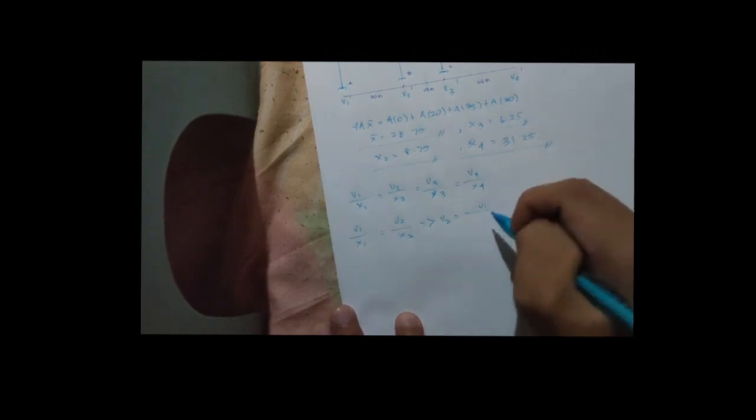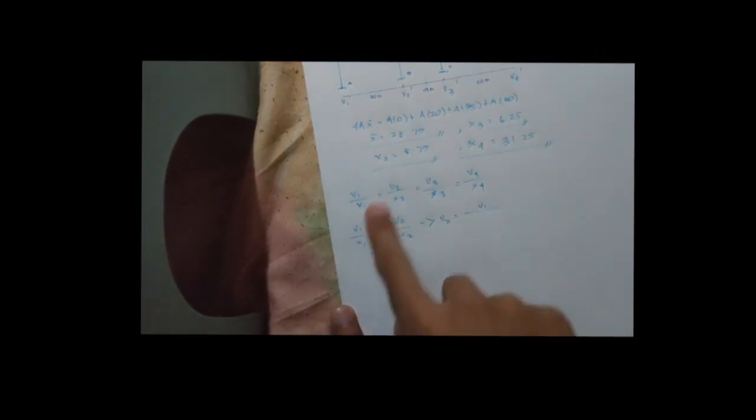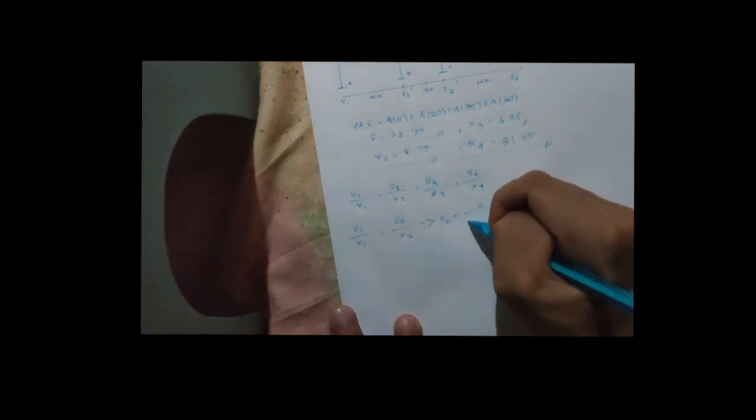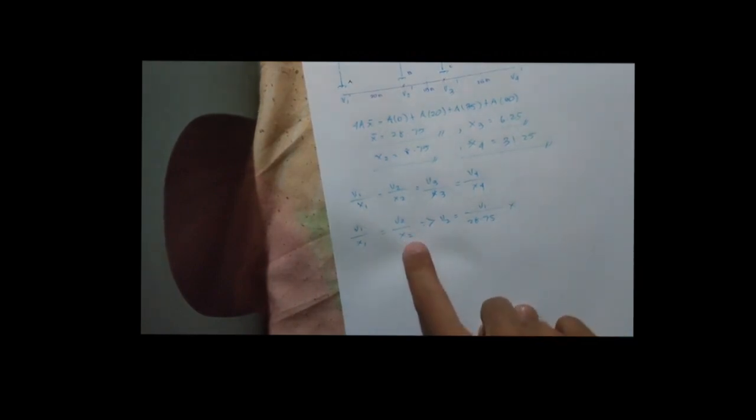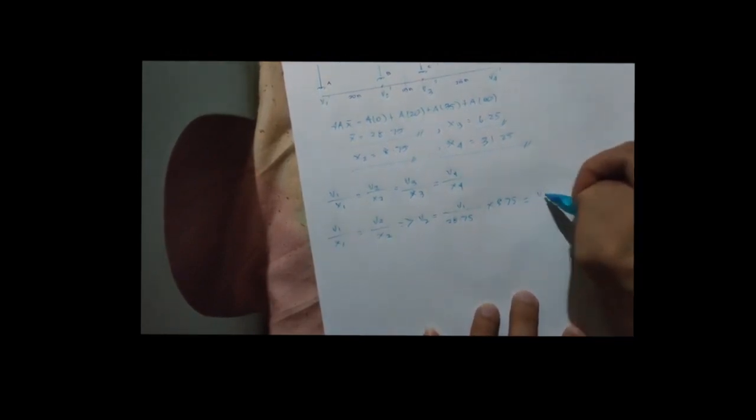Then we isolate V2, since V2 is what we want. V2 is equal to V1 over our value of X1, which is 28.75, times the value of our X2, which is 8.75. Then we will get an answer of 0.304 V1. This is our V2.